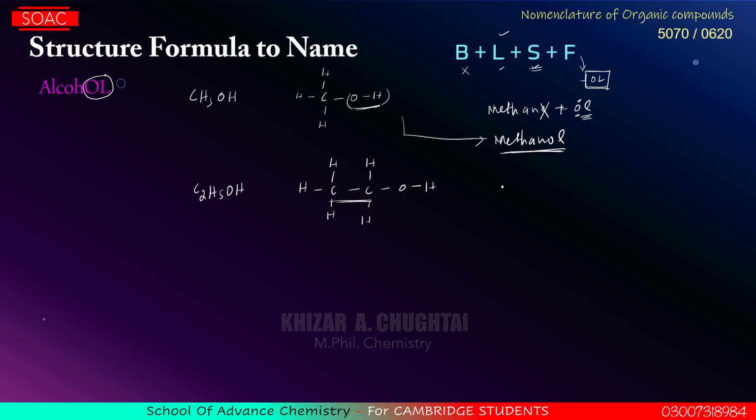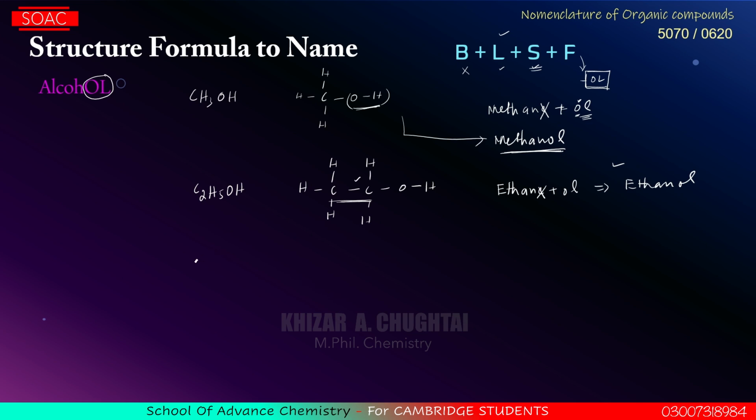There is no branch, and the longest chain has 2 carbons, so its name will start from eth. Two carbons mean eth, the same -ane for a carbon-carbon single bond, plus -ol, and the E will be eliminated. So the name is ethanol. Ethanol is the name of this compound.